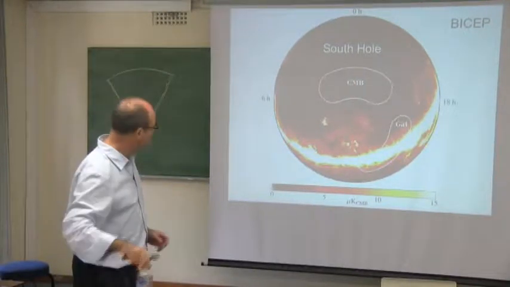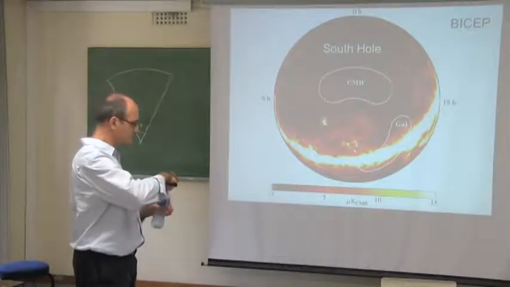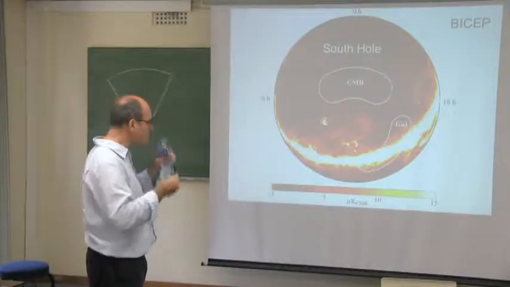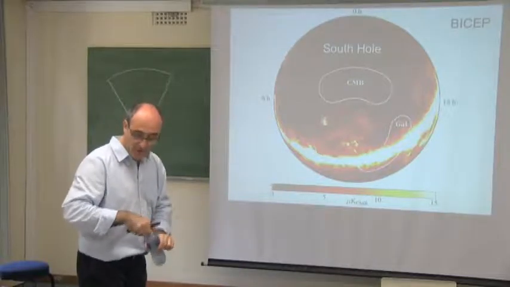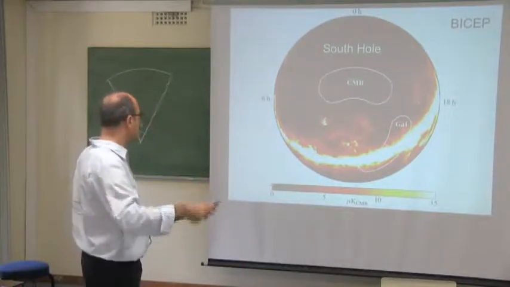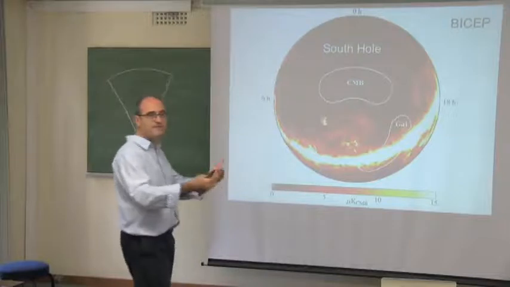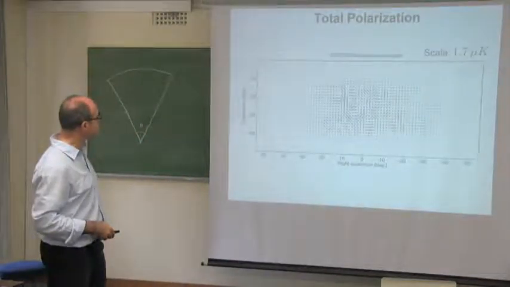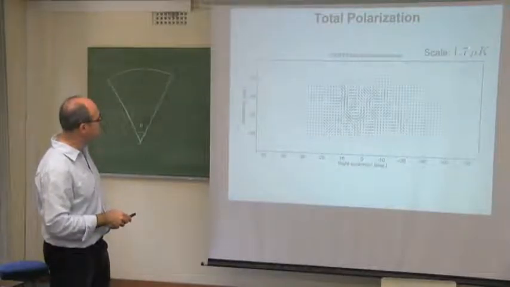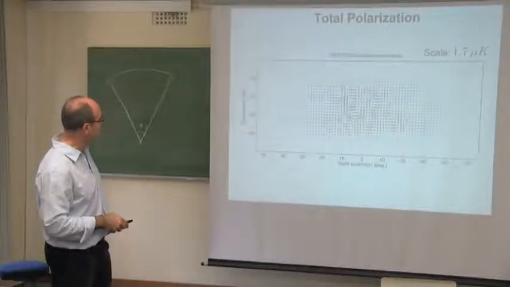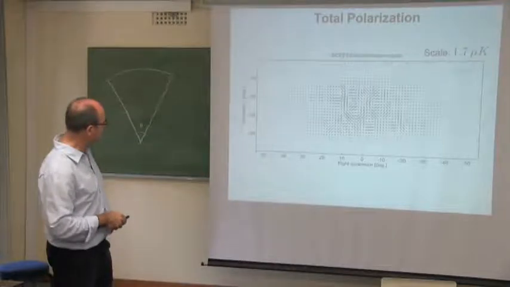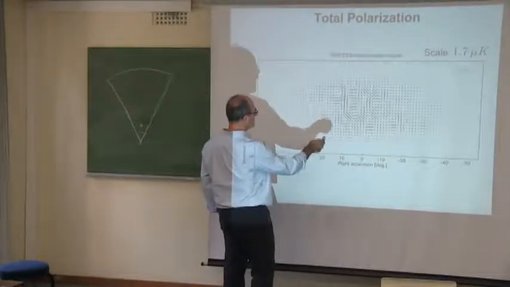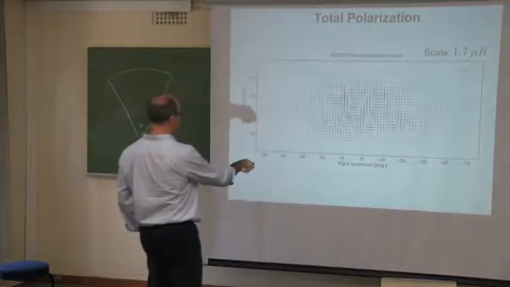Okay. But BICEP, unfortunately, only looked at a given frequency, 150 GHz, and did not have other bands like 100 or 300, so it could not get rid of the dust. And it produced this. So this is the total polarization at 1.7 microkelvin scale. And you see there are very clear patterns, mostly dominated, as you see, by the E modes. Okay?